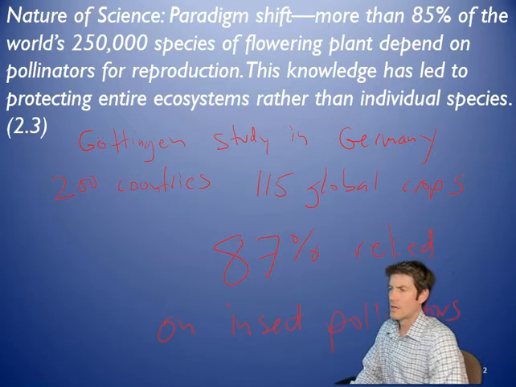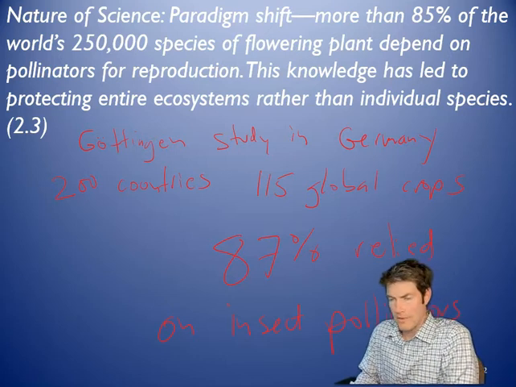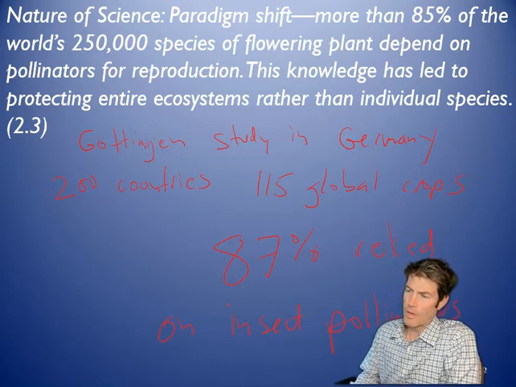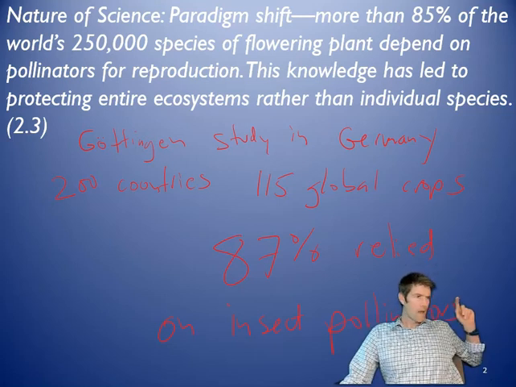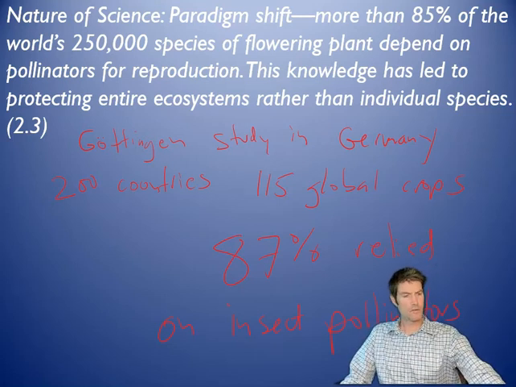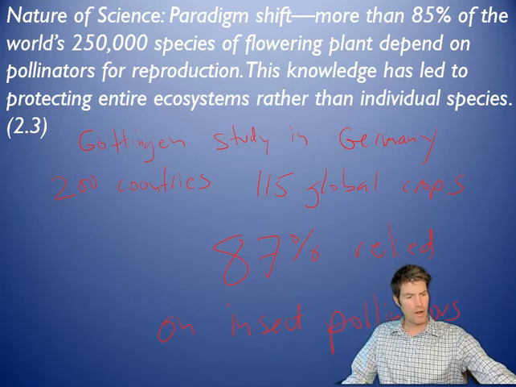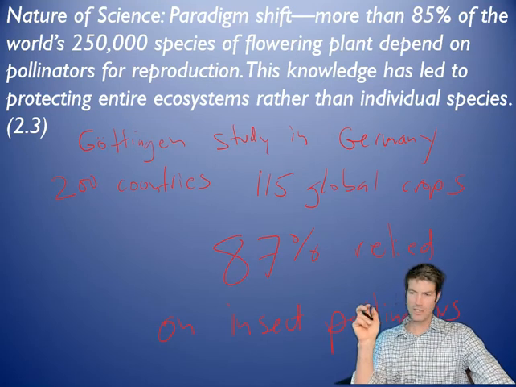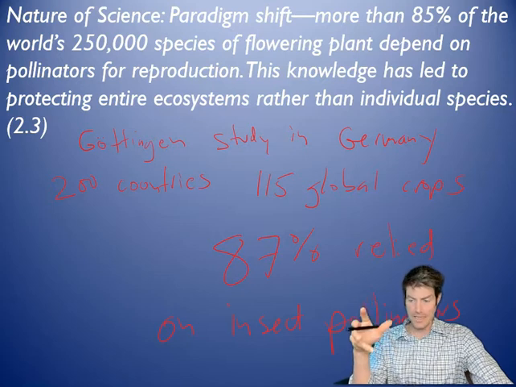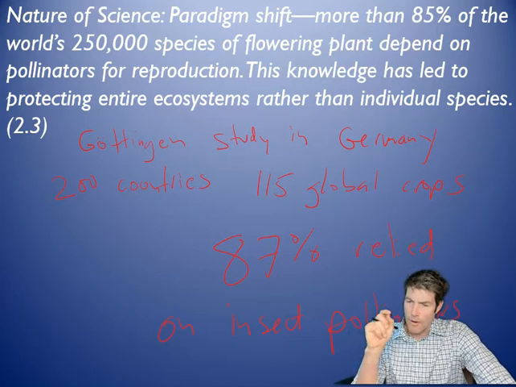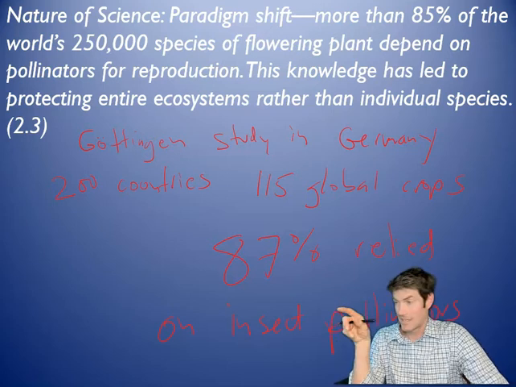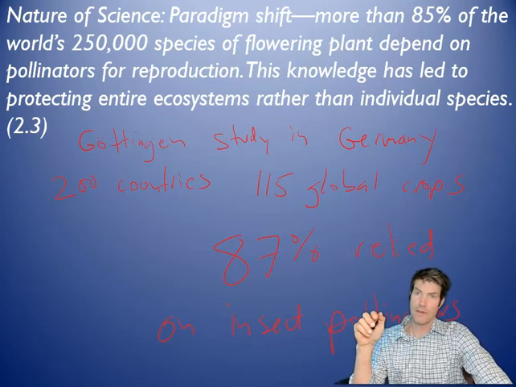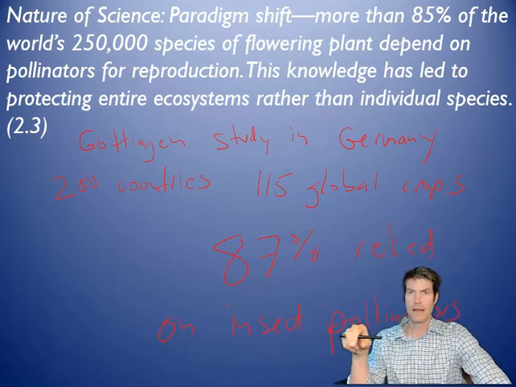So that tells you we have to protect insects. Normally we think of insects as pests, and they are. I do not want you to ever want bed bugs, cockroaches, or any other kind of insect in your house, ants. However, for the global ecosystem, it is important to have insects. This is a great example of that. Our food supply would collapse without insects.